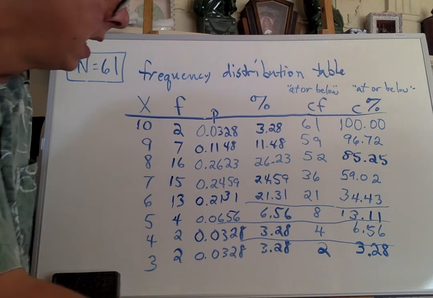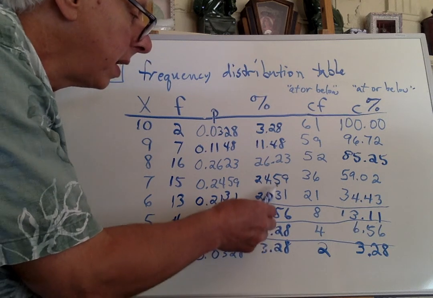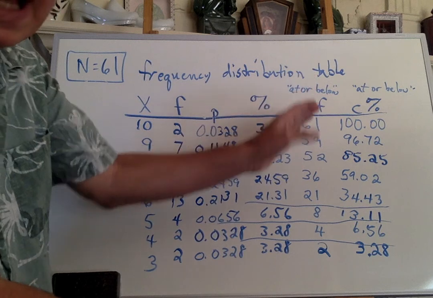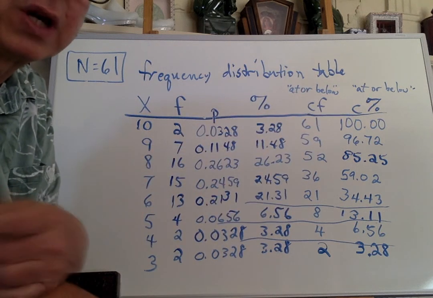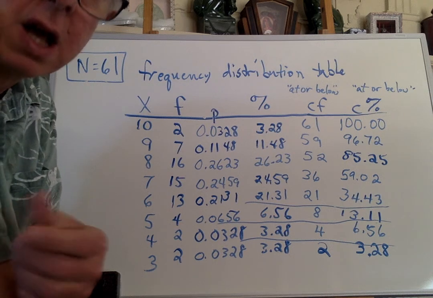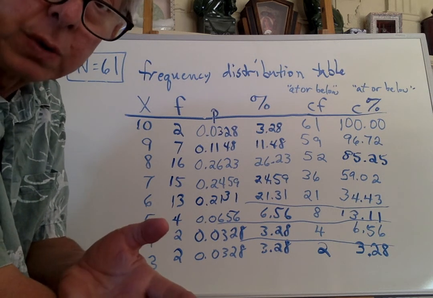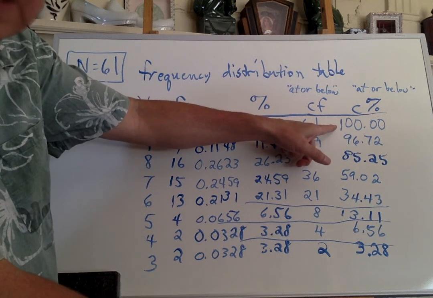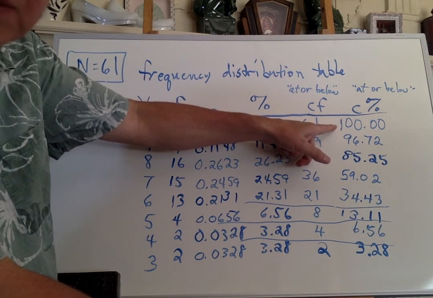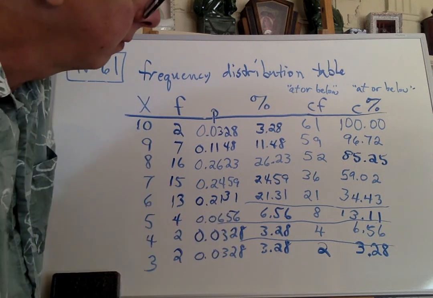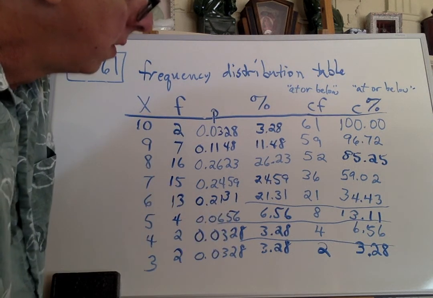If we had added these up here, we may not have gotten exactly 100. It might be 100.02 or it might be 99.97 or something like that. We know that can't be true. This by definition is 100% because now we have all of the people. It has to be 100%.